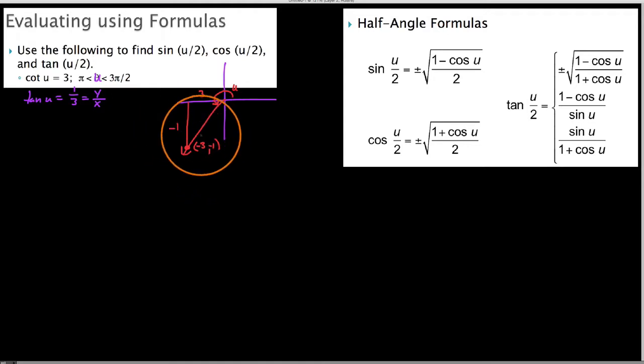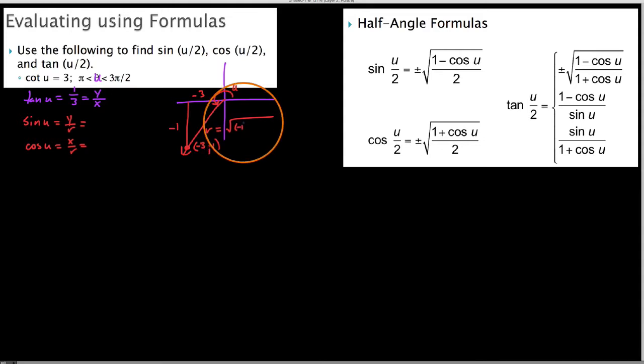So now looking at this, if I'm going to find the sine and cosine of u, which we need to know before we can evaluate our half angles, let's do this. The sine value is y over r and the cosine value is x over r. We're very familiar with what y and x are, but we don't know what our r value is. So this is going to be the square root of (-1) squared plus (-3) squared.